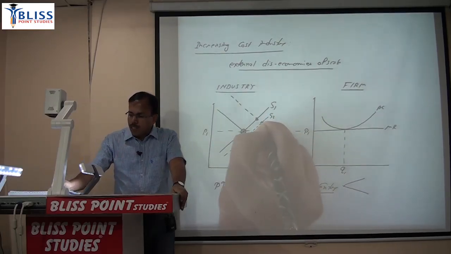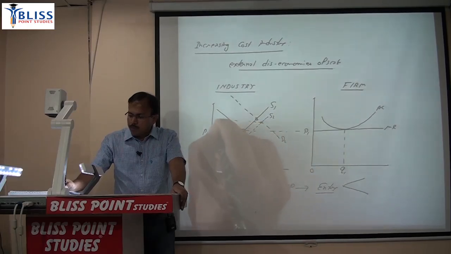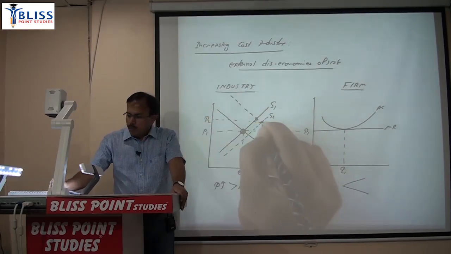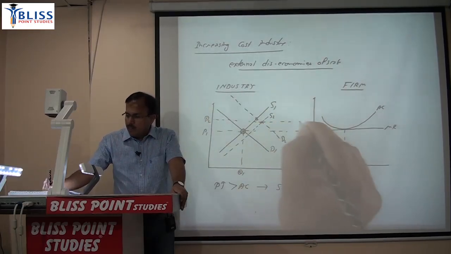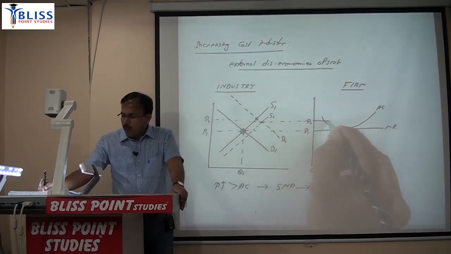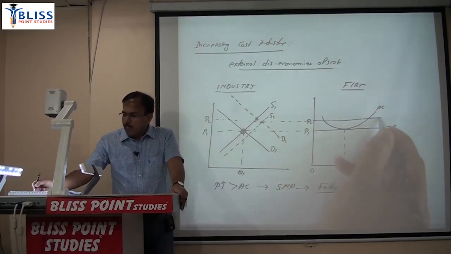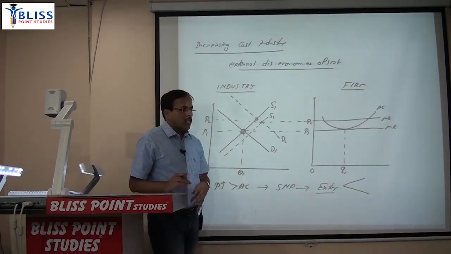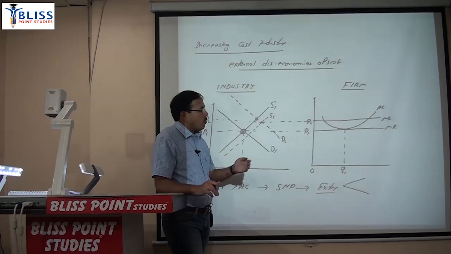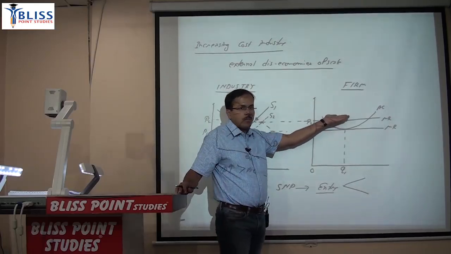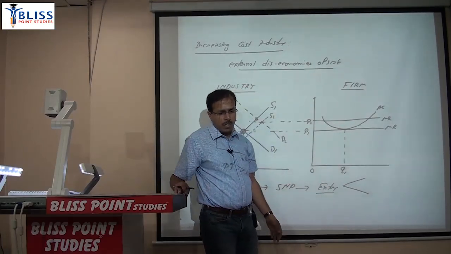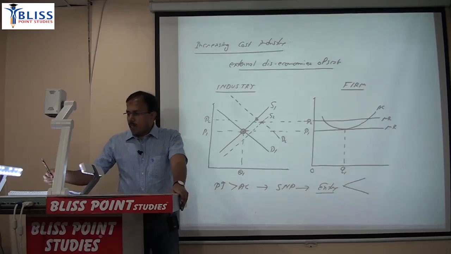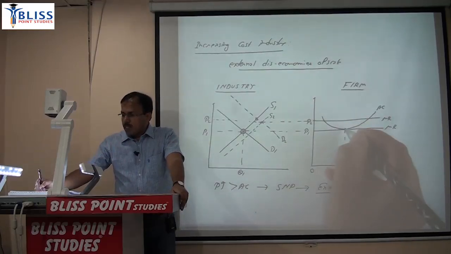Mark that new intersection. From that intersection, draw this price. And then draw this MR line. What else do you have to show now? You have to shift this cost curve also. Usually when the cost curve shifts, in some books it is shown as a parallel shift.